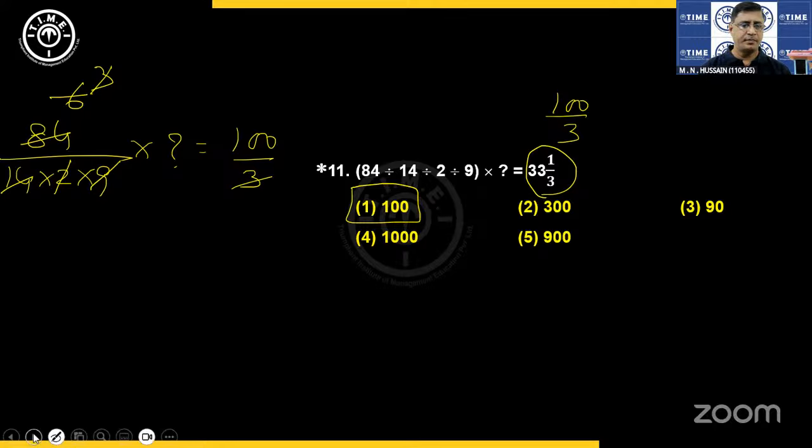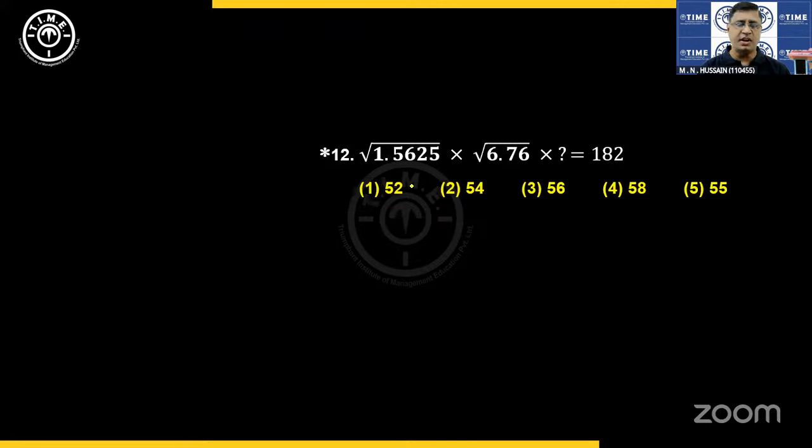Okay. Next example on your screen. 15625. Of course, the decimal is given. Just ignore the decimal and look at the integer value. 15625. That is how much? 125 square. 125 square means last 2 places 25. 12 into 13, 156.